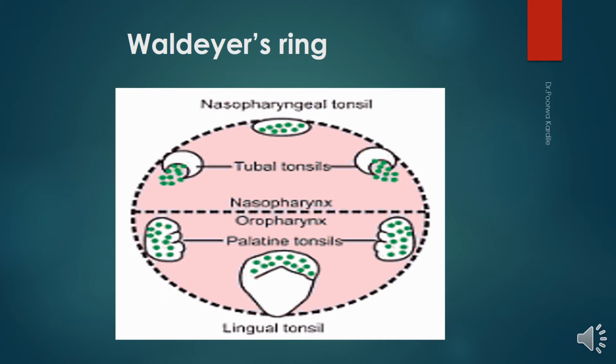Hypertrophy of nasopharyngeal tonsils may obstruct the posterior nasal aperture and interfere with respiration and speech, and hypertrophy of tubal tonsils may occlude the auditory tube leading to middle ear problems. An infection of tonsils is known as tonsillitis. It is a site of septic foci where suppuration can occur and it can spread to the peritonsillar area, which is known as quinsy.